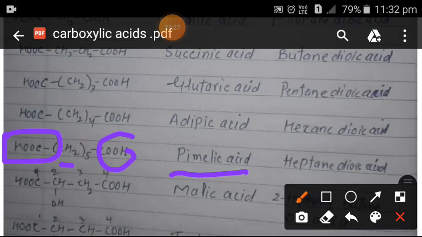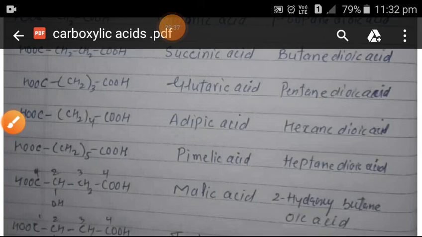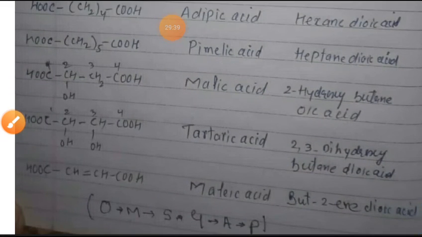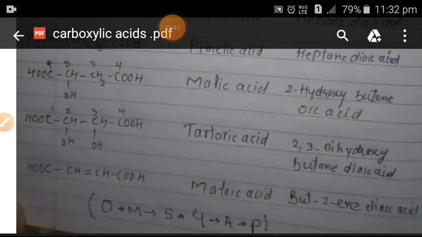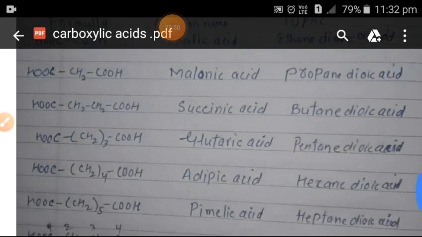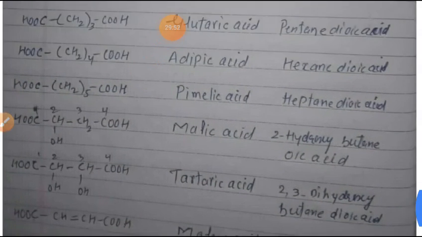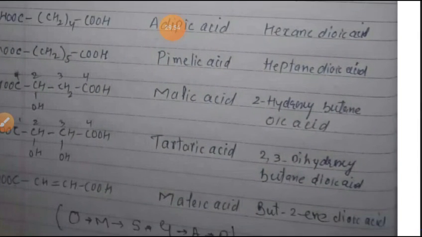Accordingly, you can also remember their structure, molecular formula or molecular structure, from this trick. First is oxalic acid. In oxalic acid, there are only two terminal carboxylic acid groups. Then malonic acid, succinic acid, and glutaric acid. After that is adipic acid.